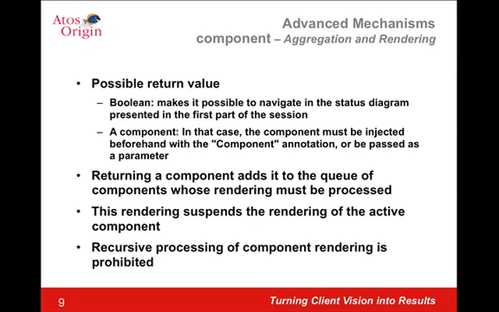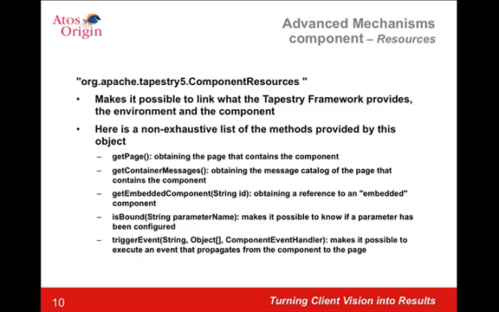Indeed, it proposes some methods, for example, getPage to return the page that uses this component, getContainerMessages to return the message catalog for the page that uses the component, getEmbeddedComponent with a subcomponent, isBound to help verify if a parameter has been defined by the developer, and finally, triggerEvent will run the event and propagate it from the component to the page. This mechanism is called bubbling. We shall see it later.